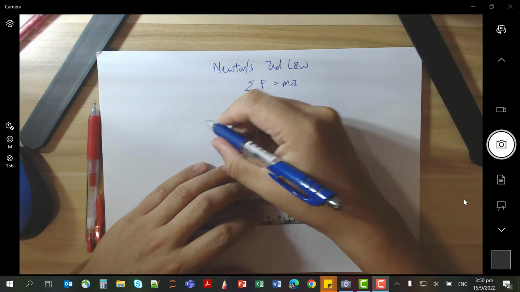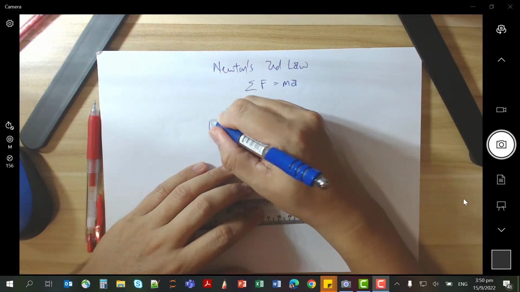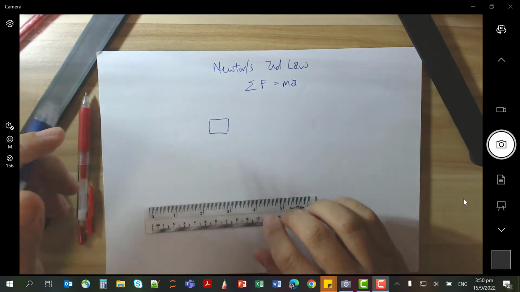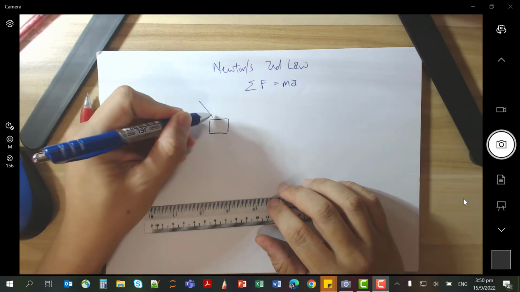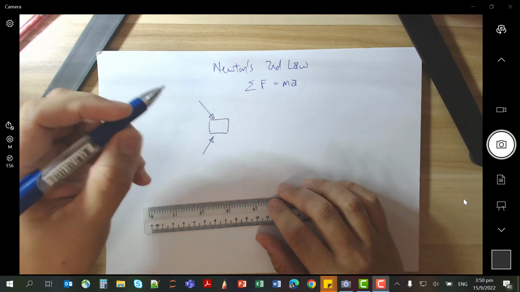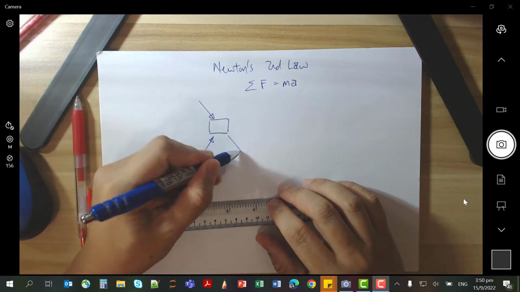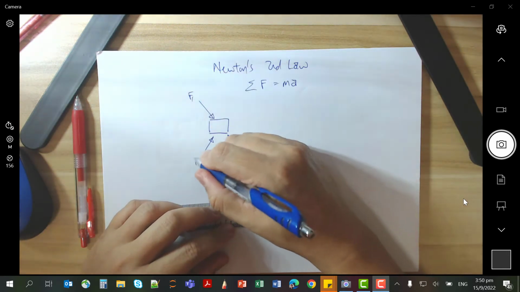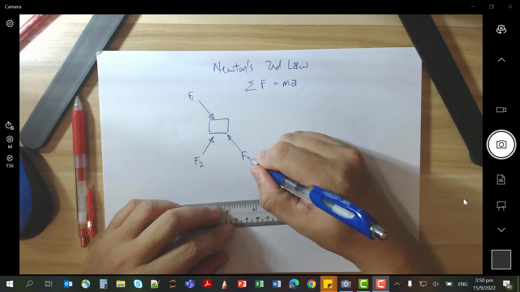So now let's take a look at this certain object here. If I have a block and it is being pushed by different forces, let's even add one more over here. So I have F1, F2 and F3.